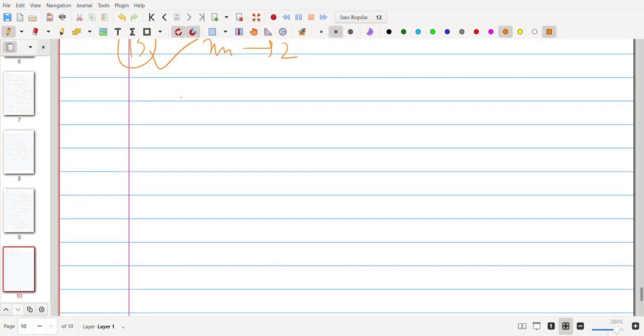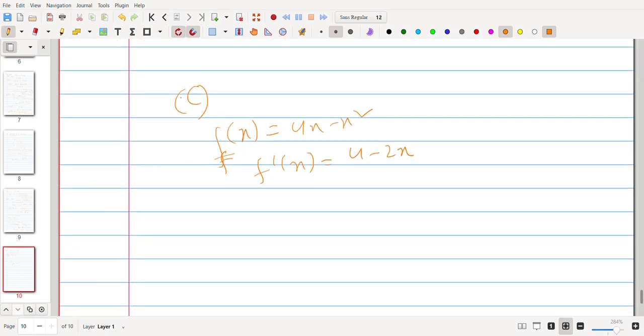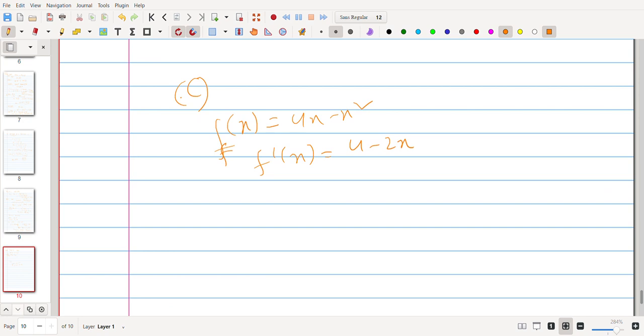Come to option C. Again we have already done this. So option C, f(x) is given by the same thing, 4x minus x squared. So f prime x is 4 minus 2x. Now there is this issue.